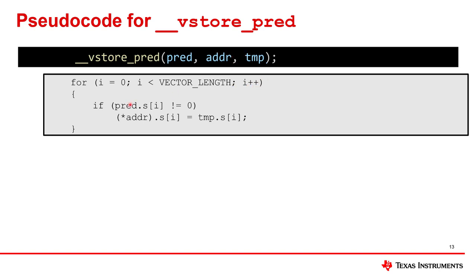If the corresponding predicate is not 0, then we copy that element from temp into the element at this address. This looks like a lot, and it is, but the C7000 does this in a single instruction. It is an example of how powerful the vector processing capability of the C7000 is.